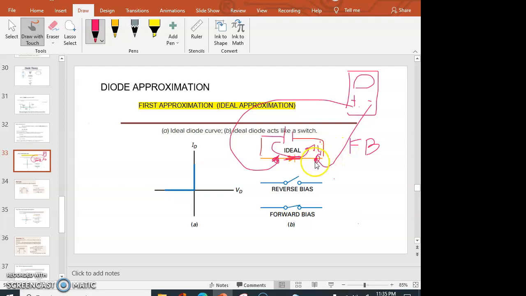What you are going to measure now is 0 volts, or the voltage across is short, which is 0. So for that reason, under the forward bias or quadrant 1, what we have here is 0 volt, but there is a value for the current across the diode because we have a closed switch. So that is under the ideal approximation.